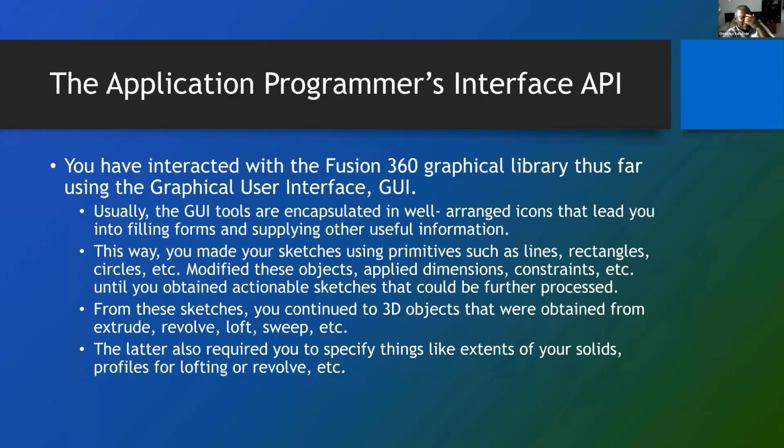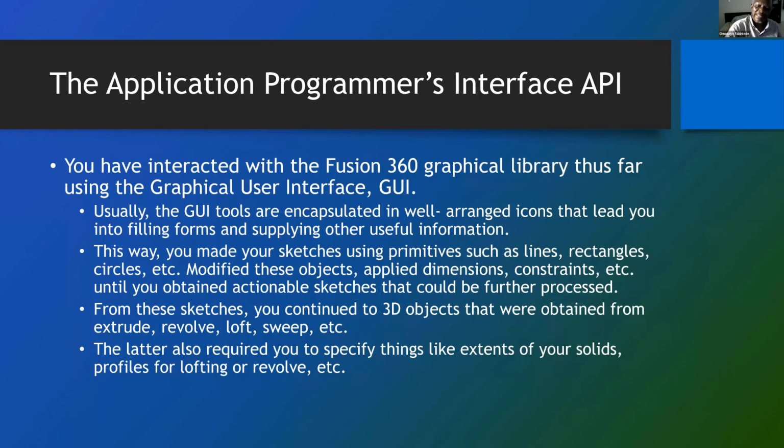The beautiful thing about the application interface is that you can use it to create drawings, and those drawings can now come out, and you can continue working on those drawings using the GUI. There is nothing stopping you from taking the product of the application programmers interface and continue working on them using the same GUI. So you can mix both.